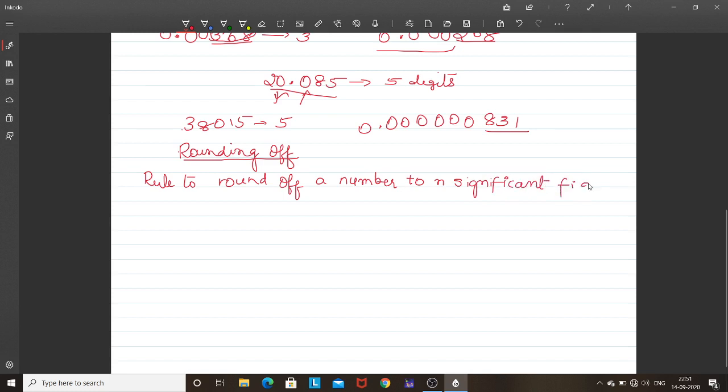Let's see the first rule. What is the first rule? It says discard all digits to the right of the nth digit.